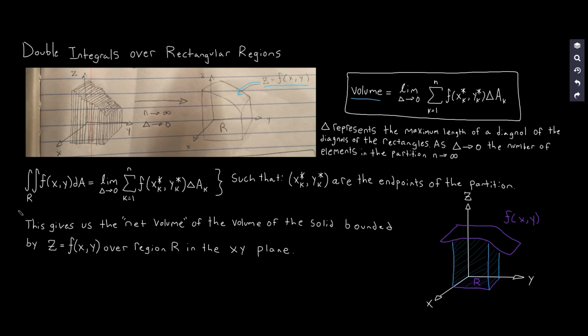So we could put it in integral form, and we can say that we have the double integral of f of x and y dA, and that equals exactly what we just said. One thing to note is that delta A sub k is really just dA. And then also these asterisks here, I think these are just placeholders.